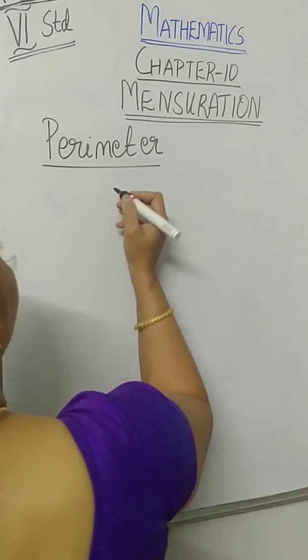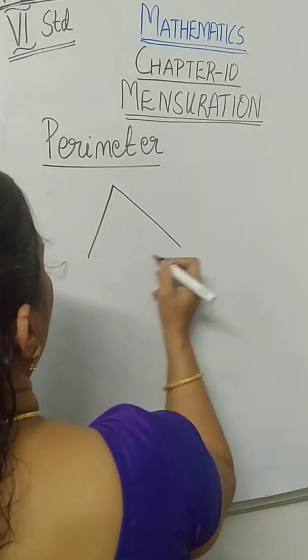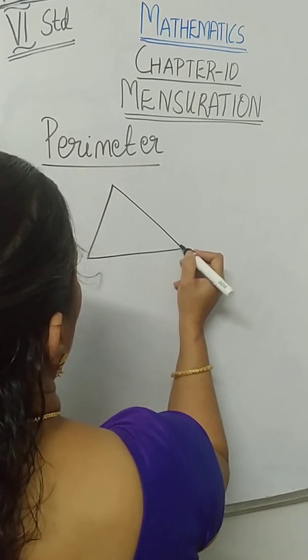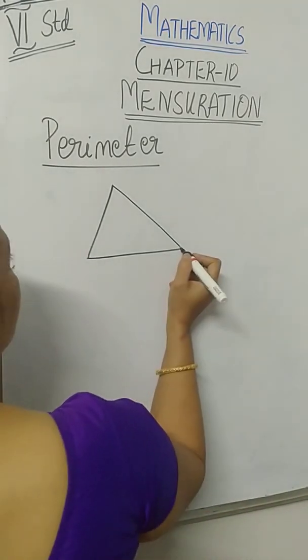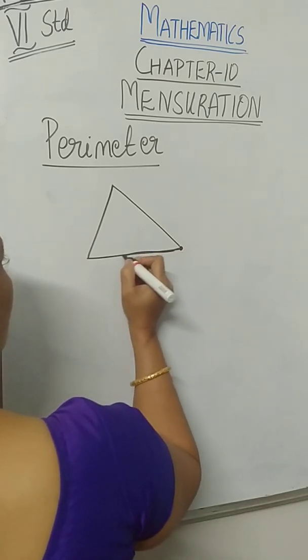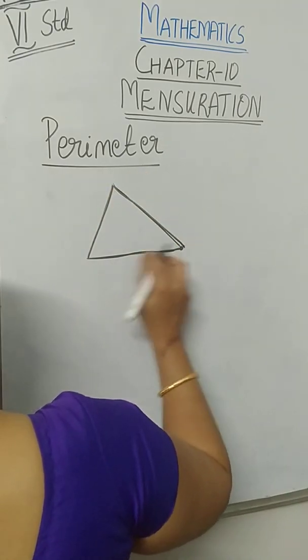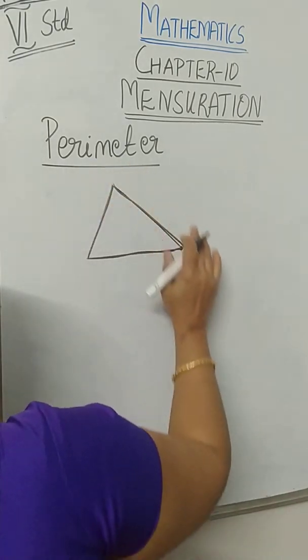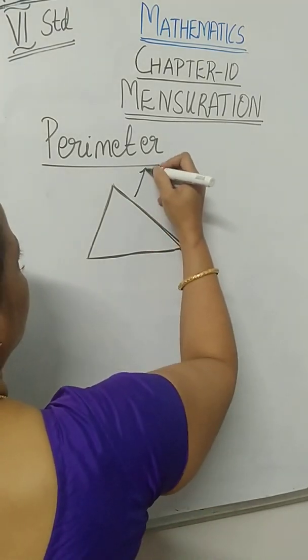Now suppose you have a triangle. Yes? This triangle, if you travel from here and if you go around this figure, the distance covered all through this figure is called the perimeter.